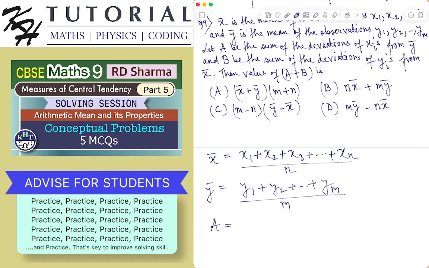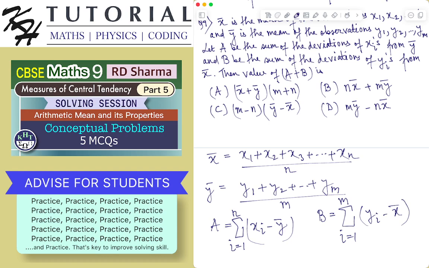The deviation of xi from y bar is xi minus y bar, and the sum of all the deviations is sigma i from 1 to small n, because the number of observations of xi is n. This is A, and similarly B is sigma i from 1 to small m of the deviation of yi from x bar.